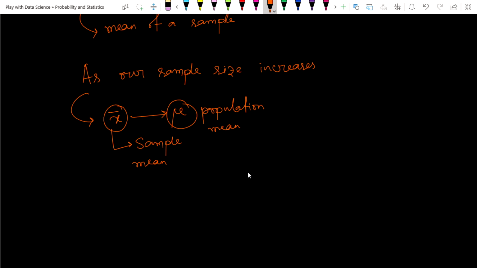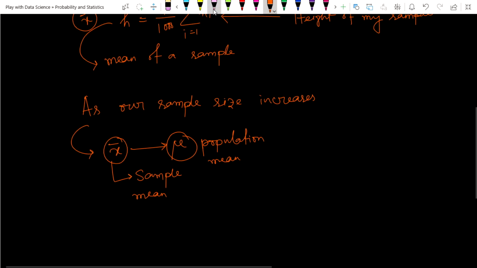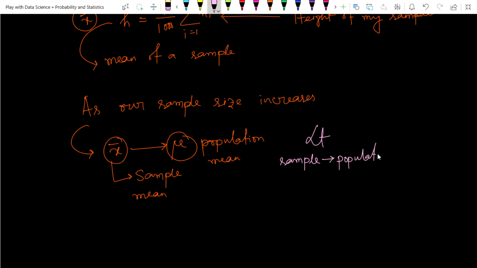If we write this mathematically, as our sample tends to our population, the limit of the sample mean tends to the population mean.